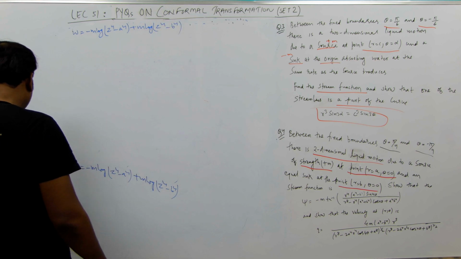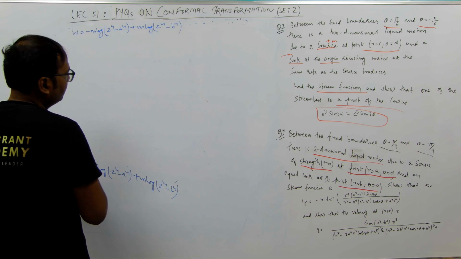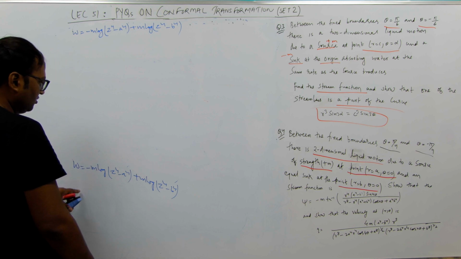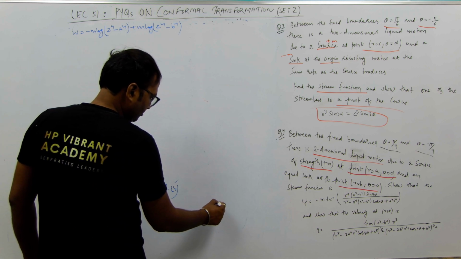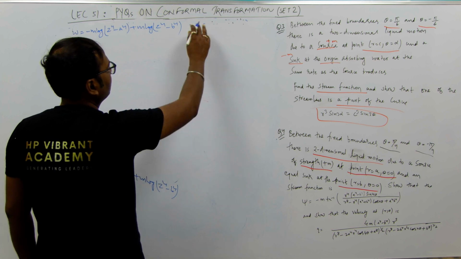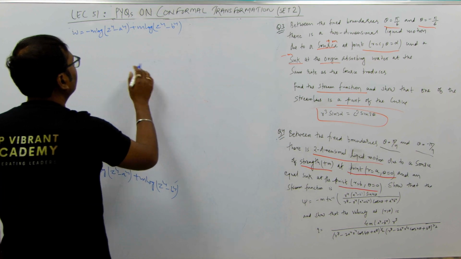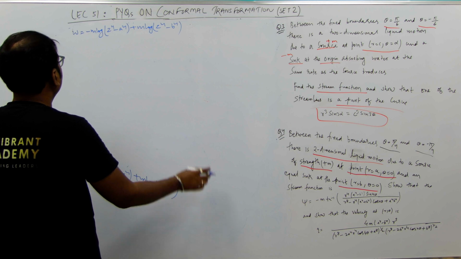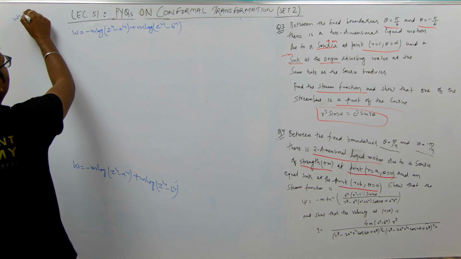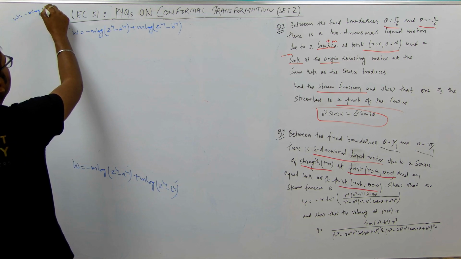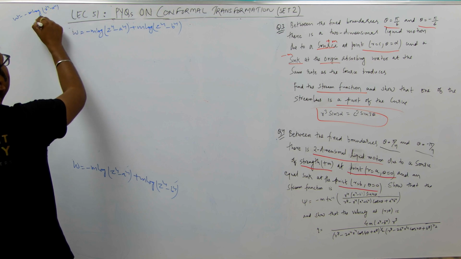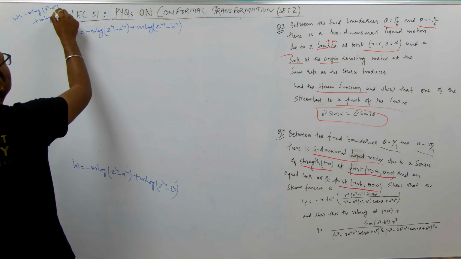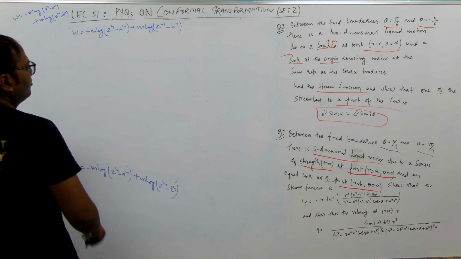Okay, so let us put z as r e to the power i theta. So let us write down this like here. So w is equal to minus m log of z4 minus a4 plus m log of z4 minus b4. This expression we will use later on, for finding the complex velocity.